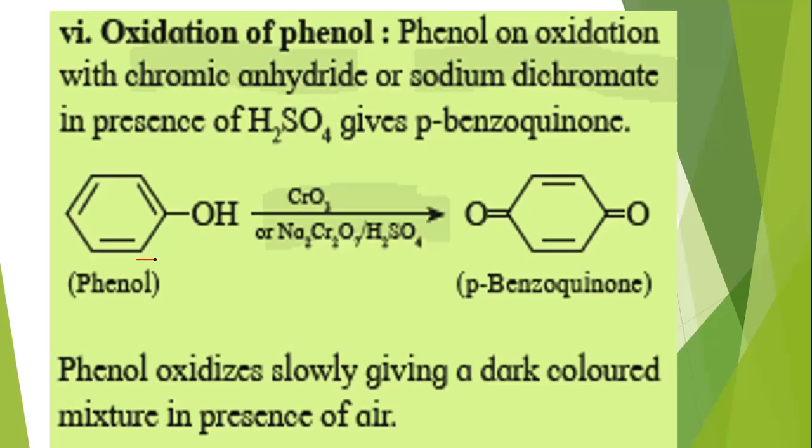Phenol reacts with CrO3 or sodium dichromate in the presence of H2SO4, and parabenzoquinone formation takes place. Phenol also oxidizes slowly, giving a dark colored mixture in the presence of air.